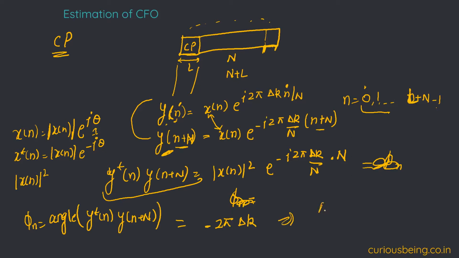So what it gives me is that I can find delta k as minus phi n by 2 pi.